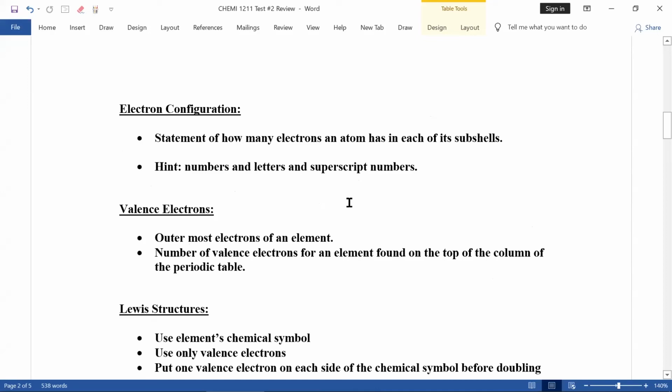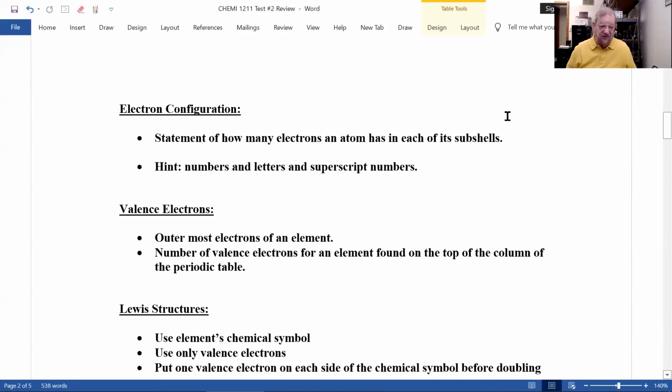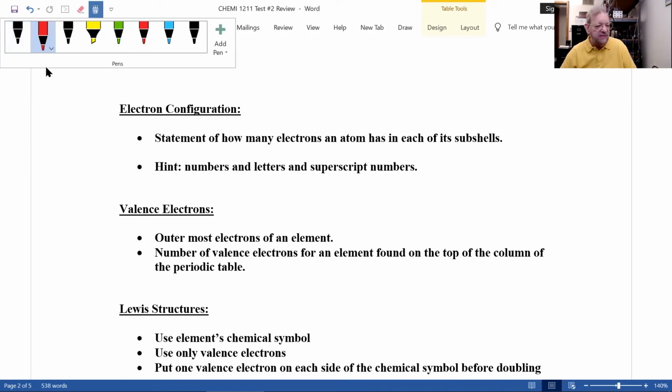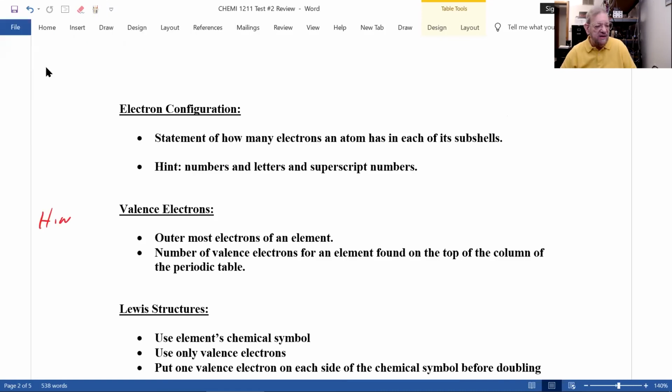Now, when it comes to electrons, the most important, in my opinion, is the valence electrons. And you should know that the valence electrons are the outermost electrons of an element.